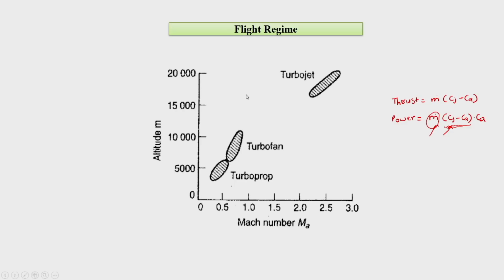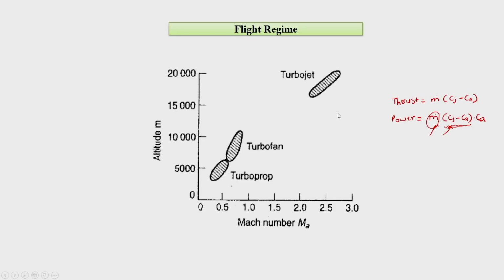But now we have reduced the constraint of having the propeller, and we are combusting most of the air. So, in the case of a turbofan engine, some thrust is obtained from the cold part, but some thrust is obtained from the hot part, which leads to higher Mach numbers, and further we can go for higher altitudes.